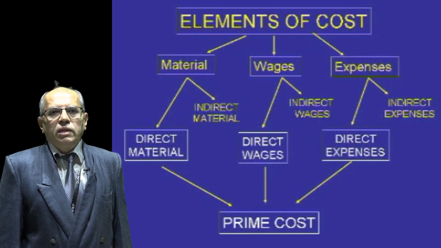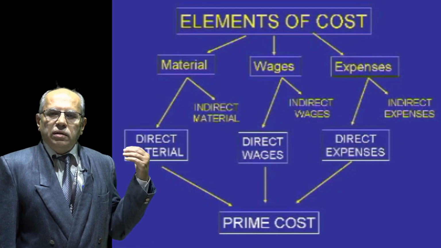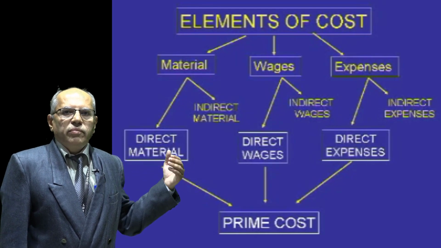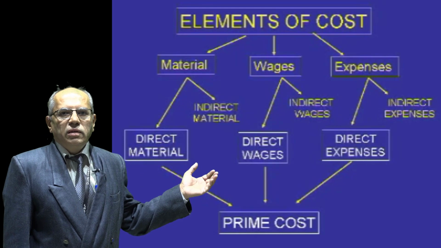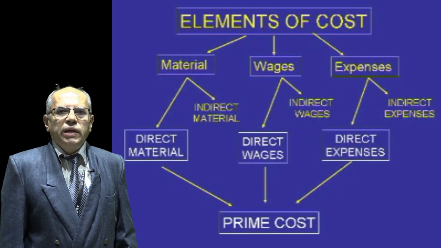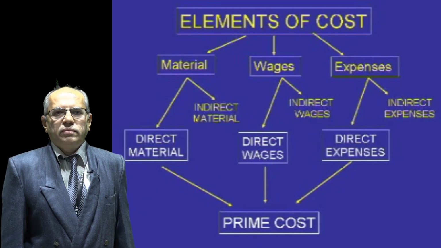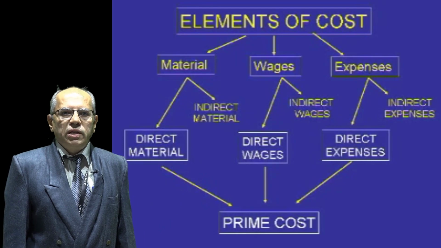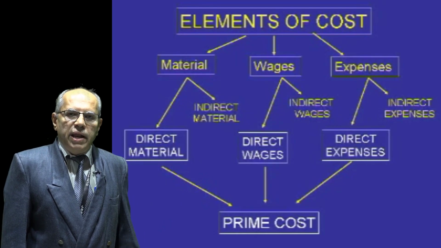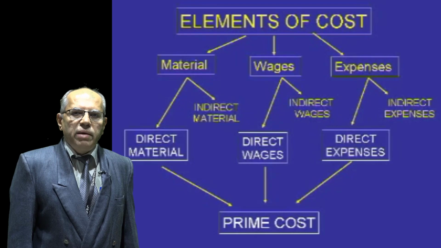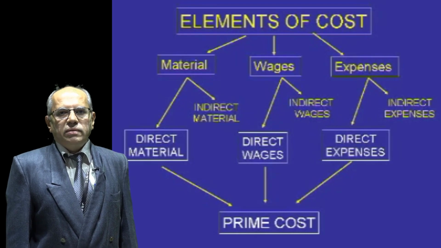Now, all of the direct material, direct labor and direct expenses, if you add them together, is known as prime cost. Prime cost is nothing but direct material cost, direct labor cost and direct expenses.